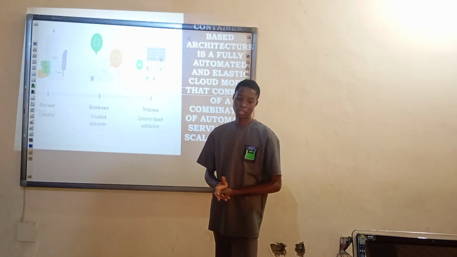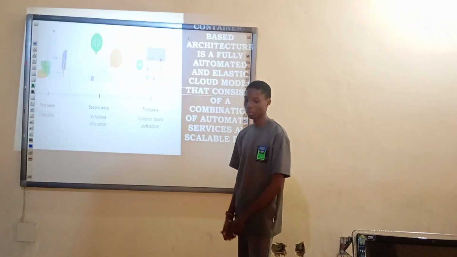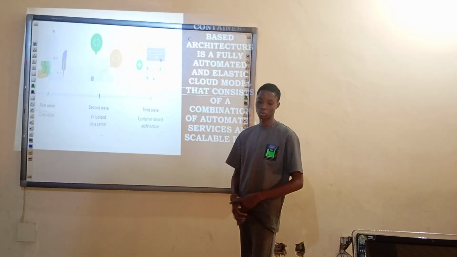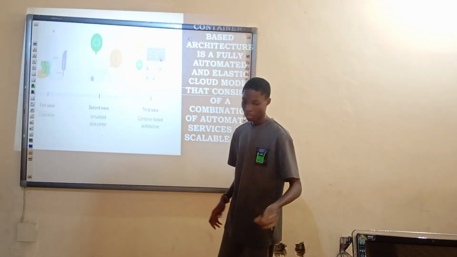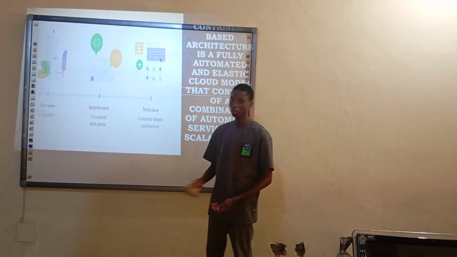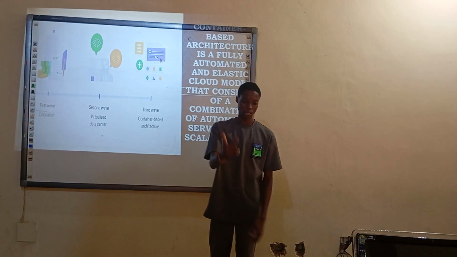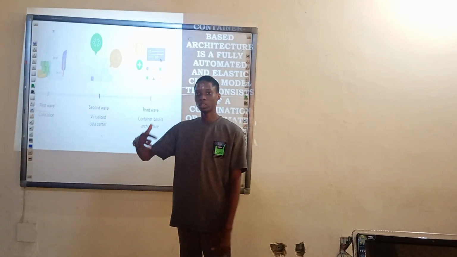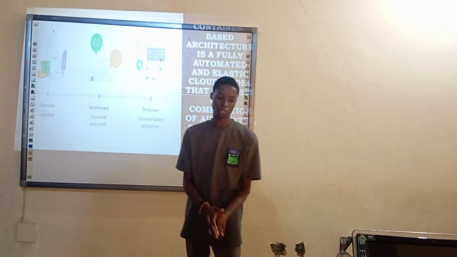The container-based architecture is a fully automated and elastic cloud model that consists of a combination of automated services and scalable data. Now, virtualized data center was good, but the infrastructure was still user-controlled and user-managed, but with container-based architecture, it automatically configures your infrastructure for you.